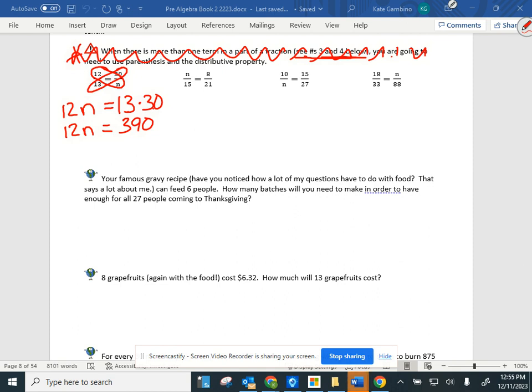And I want to get n by itself. So if it's 12 times n, what is the opposite, Damien? Divide. So we're going to divide both sides by 12. What is 390 divided by 12? Madden. 32.5. So we are going to be working with, some of them will have decimals. Not necessarily all of them, but some will have decimals, and that's okay. Some will be whole numbers, and that's okay.